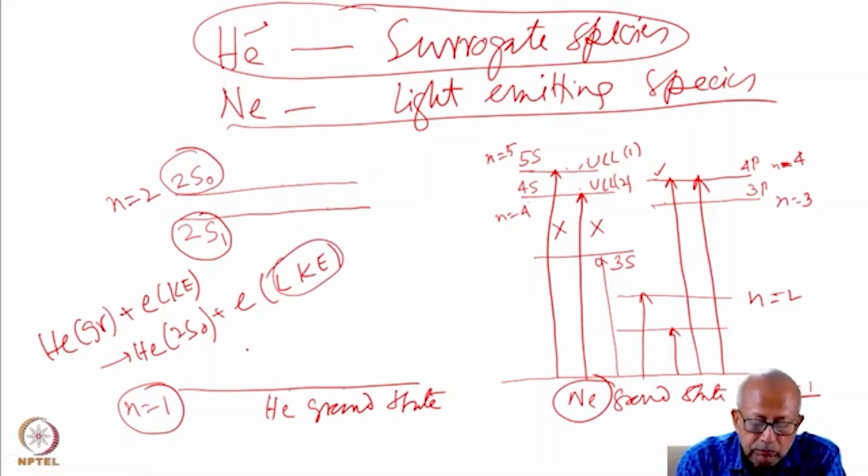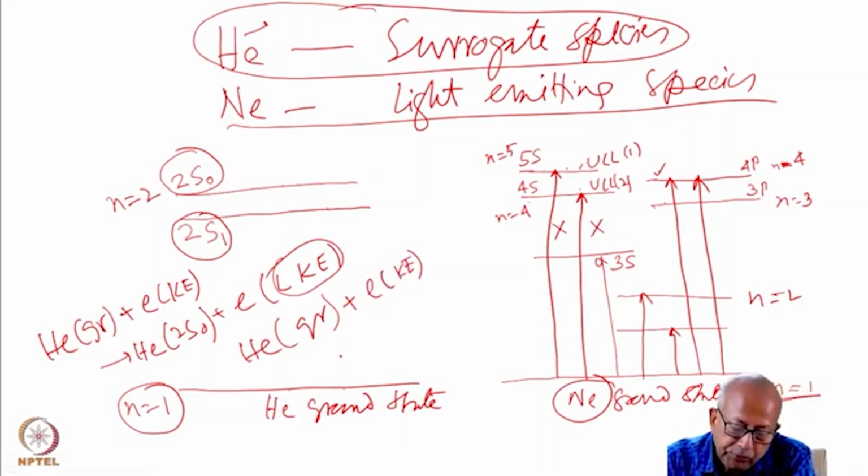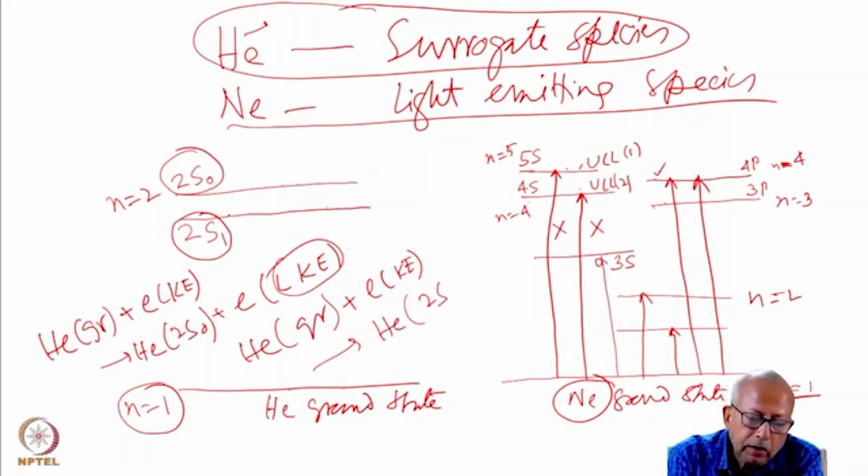And also helium at the ground state will collide with an electron having appropriate kinetic energy, and will transfer it to helium, other sublevel 2s1, plus an electron with less kinetic energy.